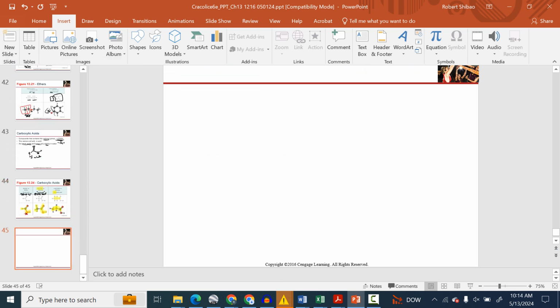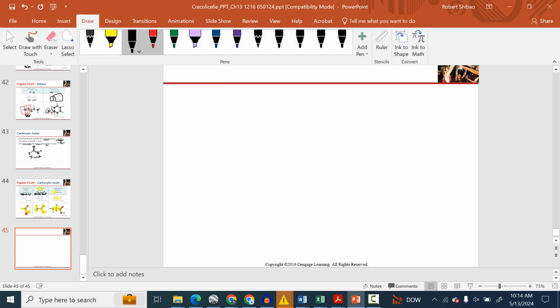So we could try drawing butanoic acid. For butanoic acid, we would start off with a methyl on the end here. And then we're going to get 4 carbons in a zigzag arrangement like this.